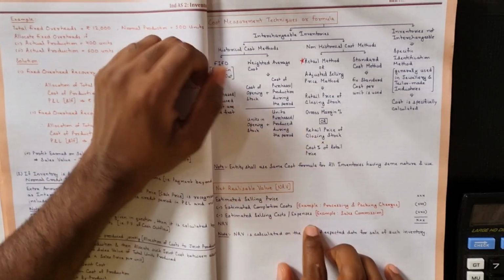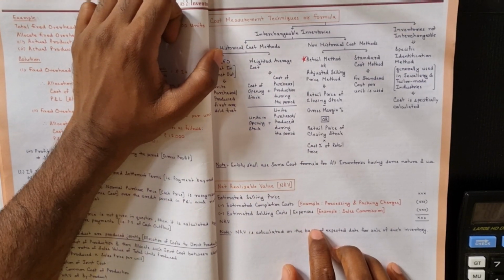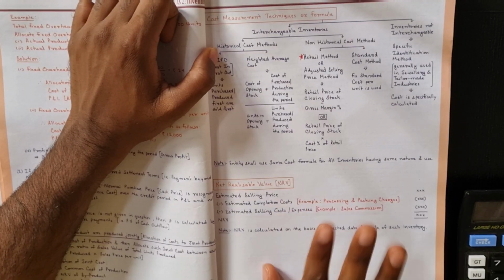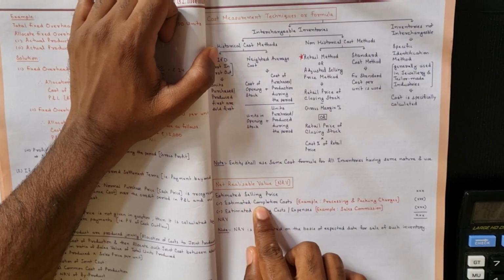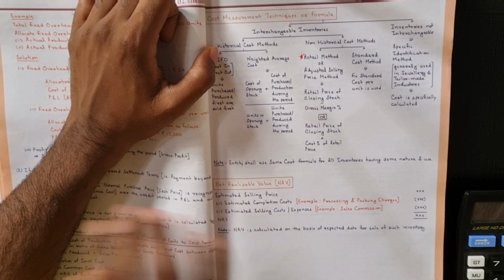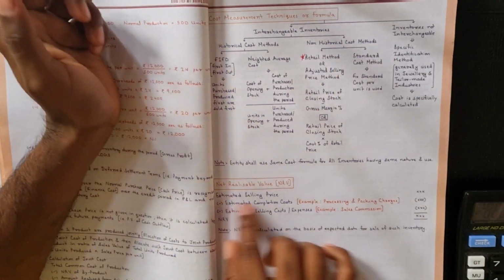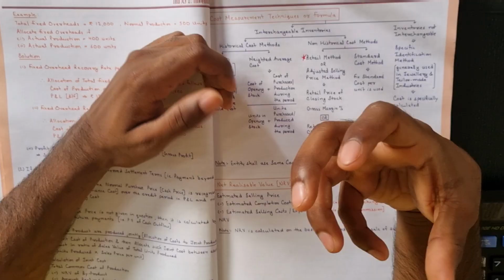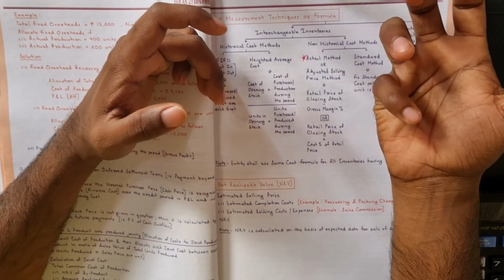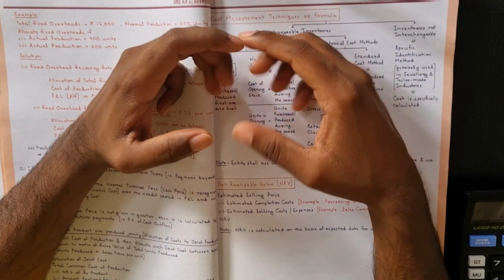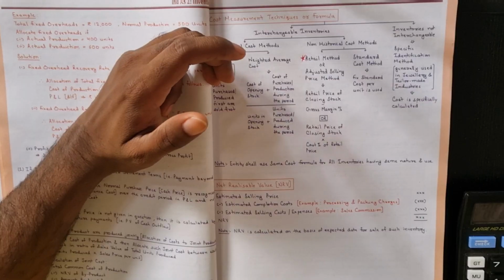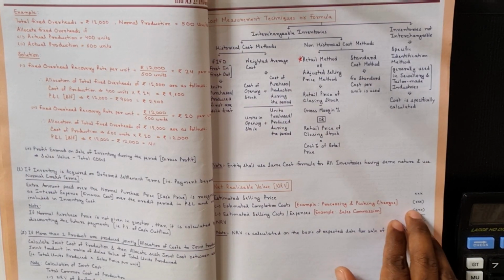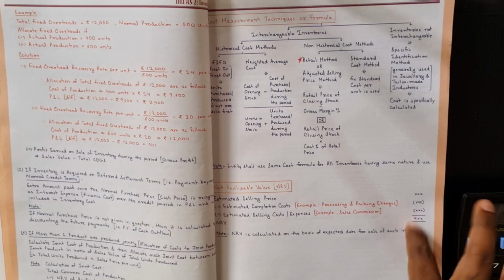So here for NRV, the same principle also applies. We'll have estimated selling cost, that is the packaging, and estimated completion cost. Let's suppose we estimate some certain finishing cost, the machinery, the processing and packaging charges. So we'll get the amount.